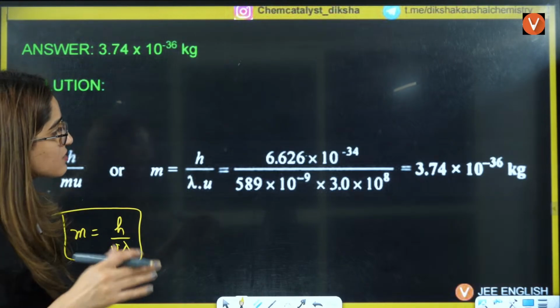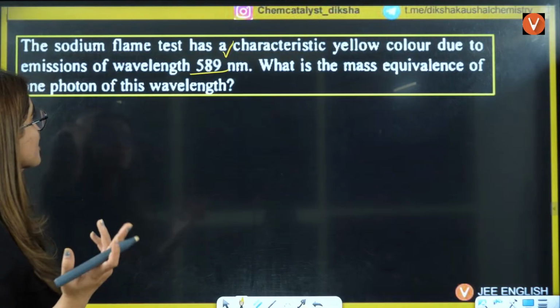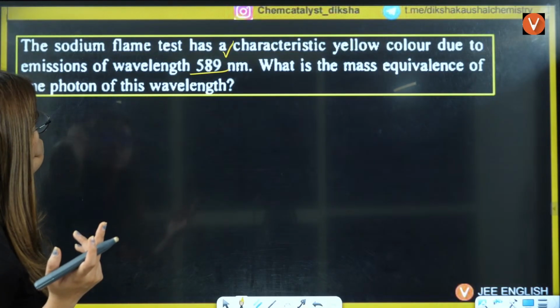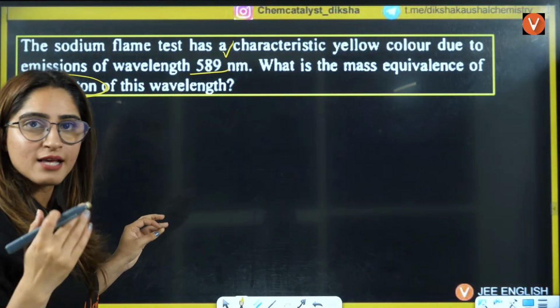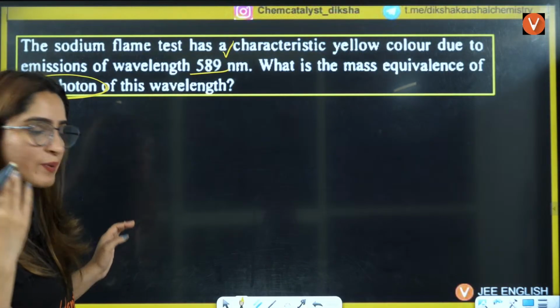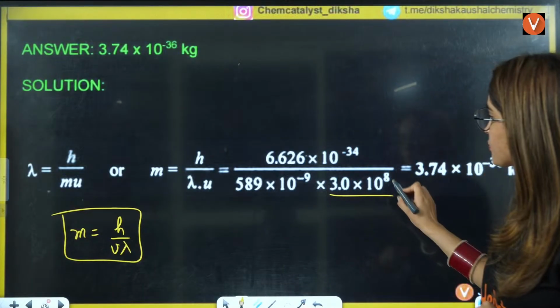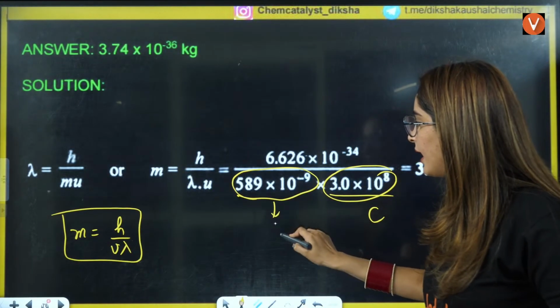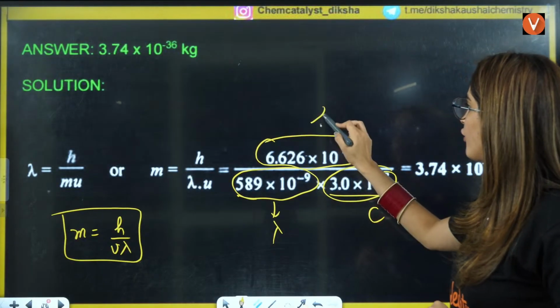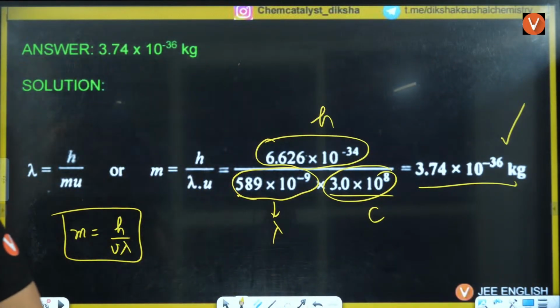For velocity, it has the speed of light here, so it will be 3 into 10 raised to power 8. That will be the speed of light, right? Okay, that is the value of lambda in meters, and this is the value of h. You solve this and you will get your answer here, right? Okay.